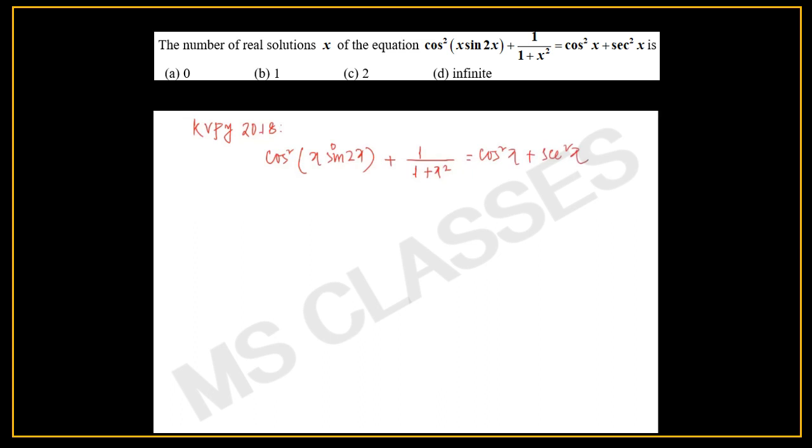Now here the number of possible solutions is required. If we observe carefully, this is actually an optimization problem. Why I'm saying it is an optimization problem, I'll explain.